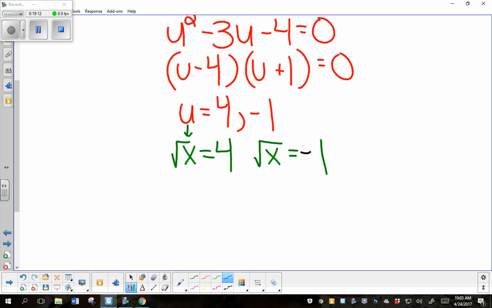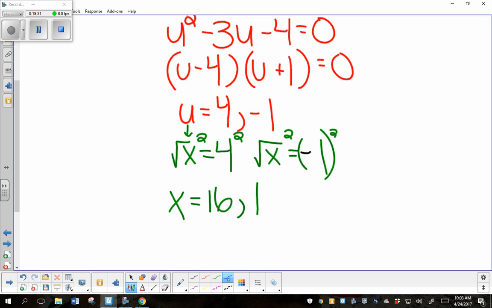So what should I do to each side here to get x by itself? Square it. So x equals 16. And on this one, square it, x equals 1.